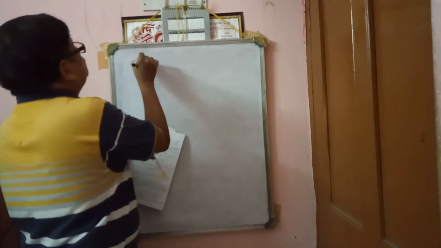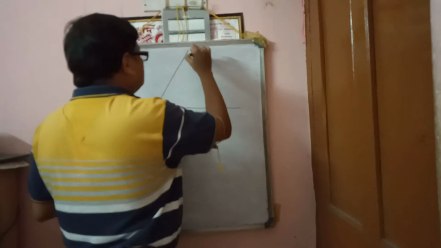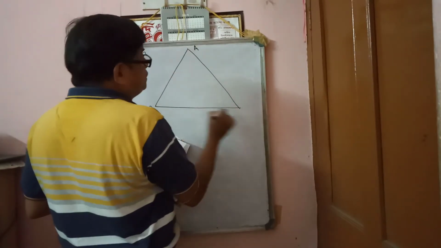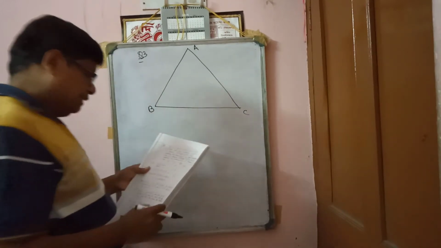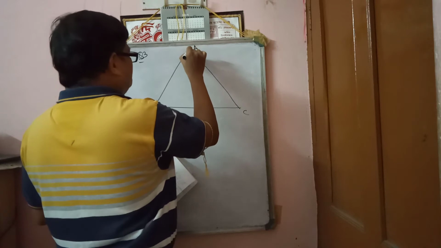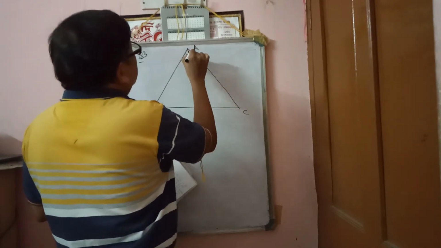In triangle ABC, AD is the bisector of angle BAC. These two angles are equal.